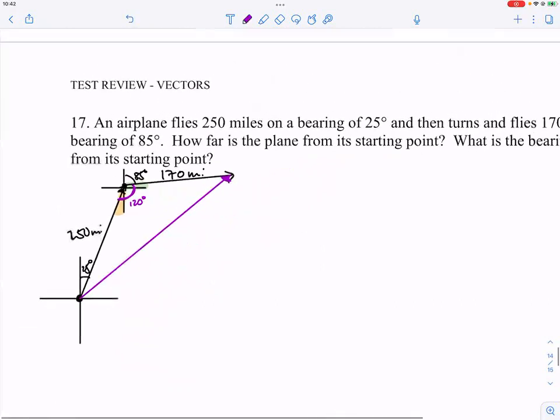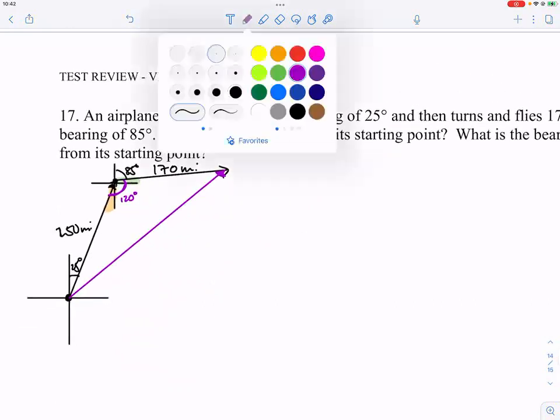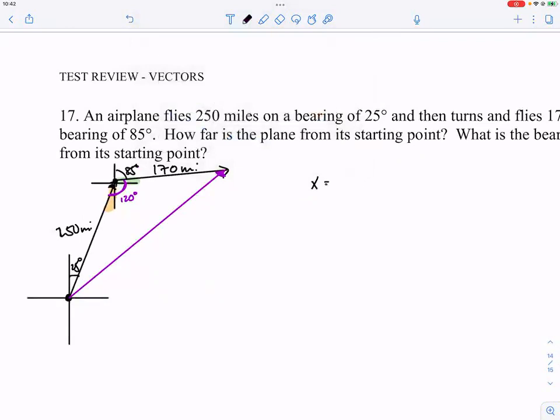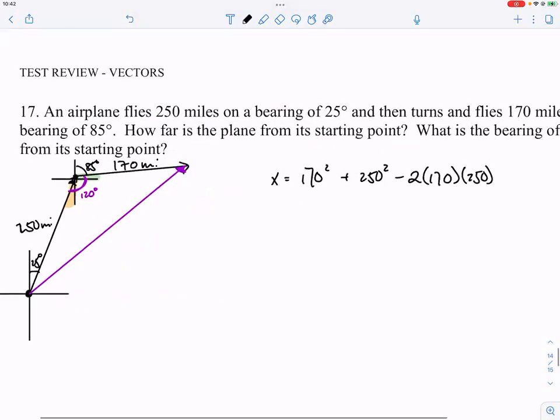So if you want to find out how far, you've got what you need. So x is equal to the square root of 170 squared plus 250 squared minus 2 times 170 times 250 times cosine of 120 degrees.